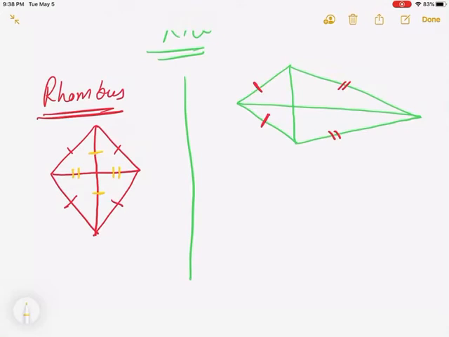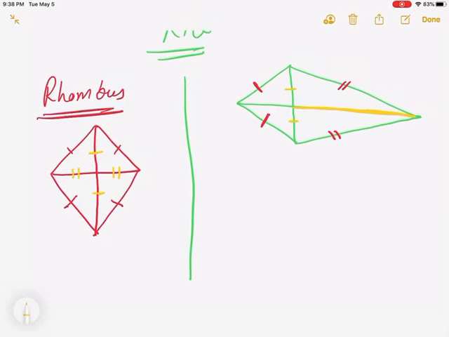That intersection for a rhombus is going to be exactly in the middle. But in a kite, one of the diagonals is always going to split in half, so this diagonal is always the same on both sides, but the other diagonal is always going to be bigger on one side than the other. So this side is always going to be bigger than the other one. So that's what happens.